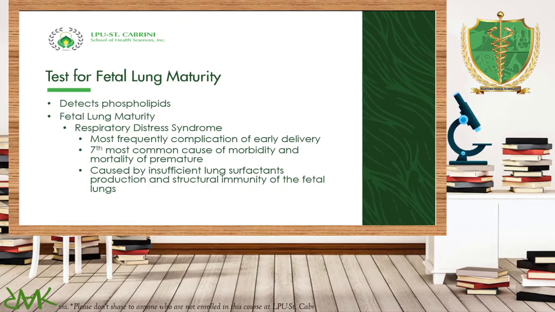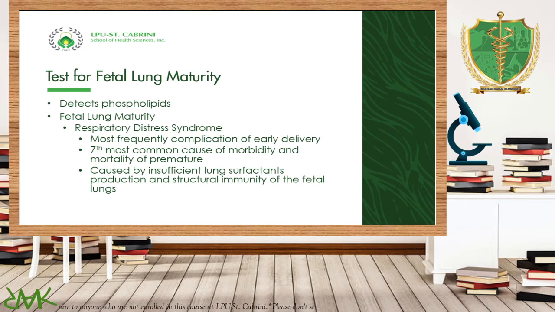Next, we have the fetal lung maturity. The test for fetal lung maturity detects phospholipids. Okay? Remember, guys, that respiratory distress syndrome is the most frequent complication of early delivery.